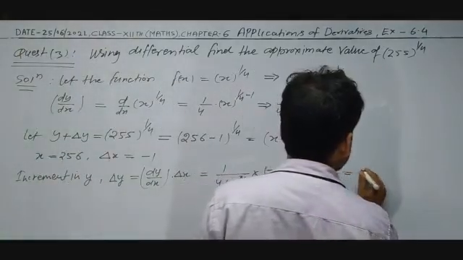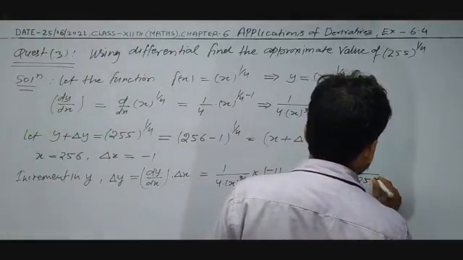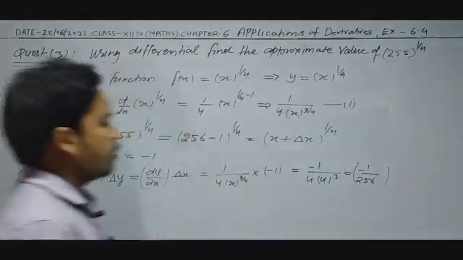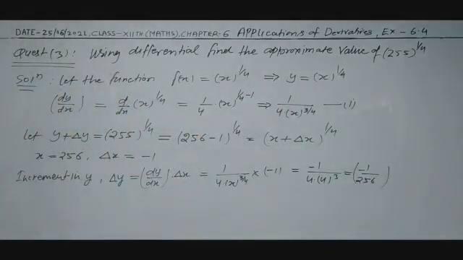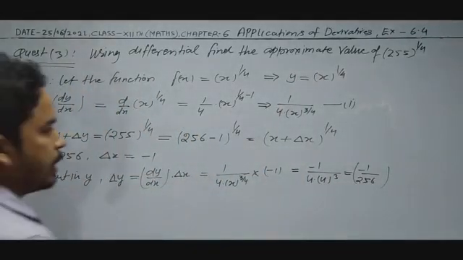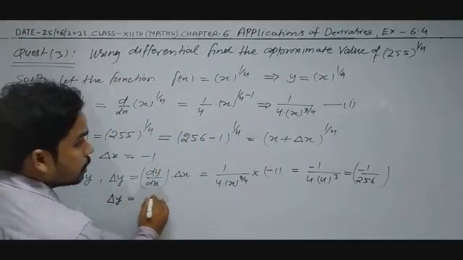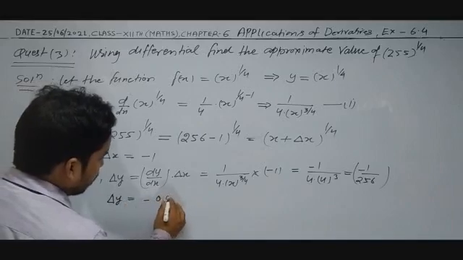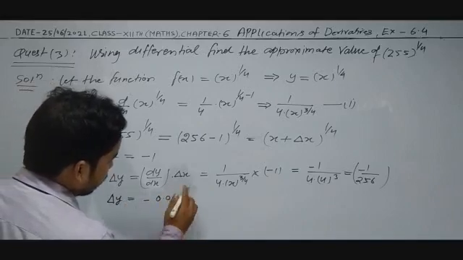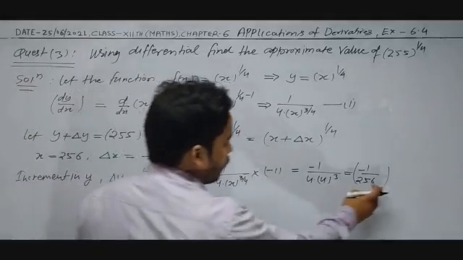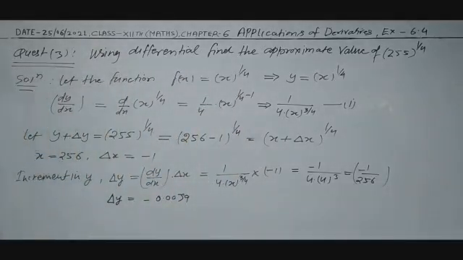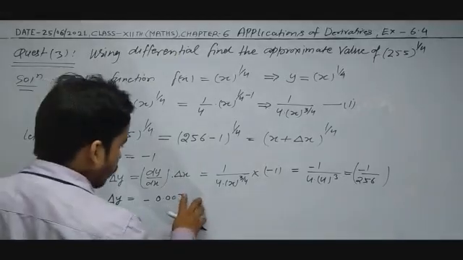So -1 upon 256, means del y is equal to minus 0.0039, when you divide.